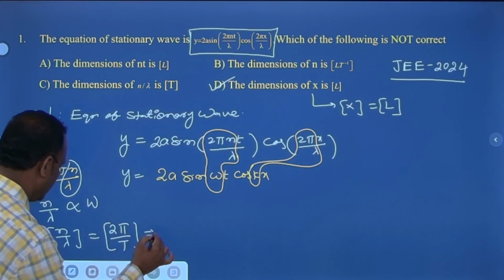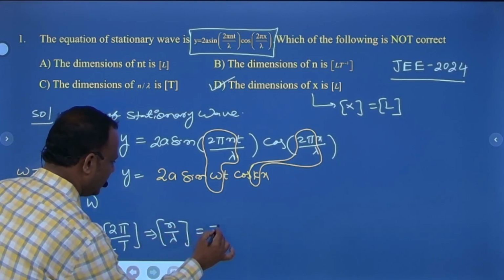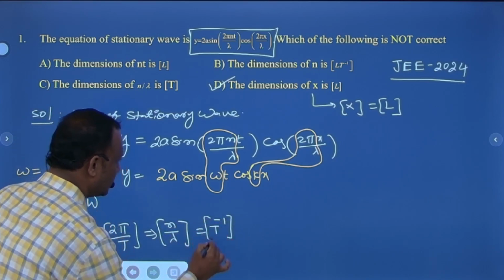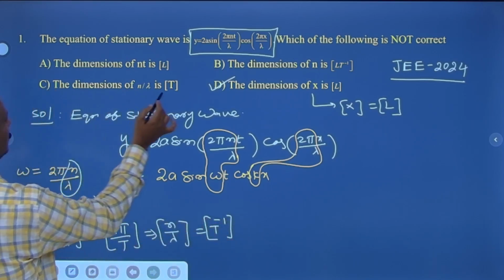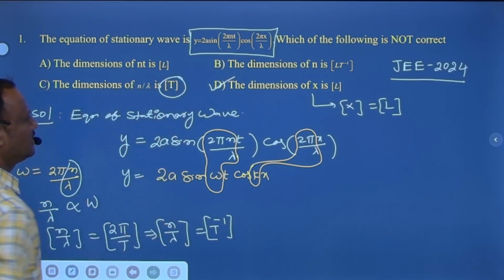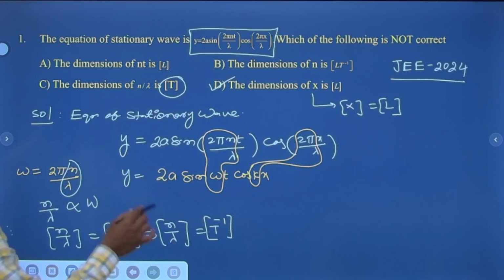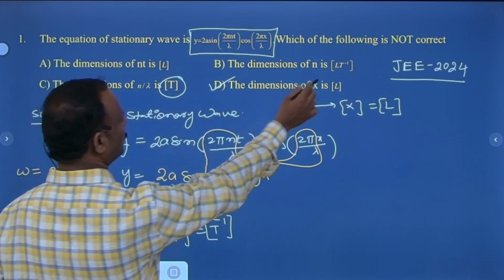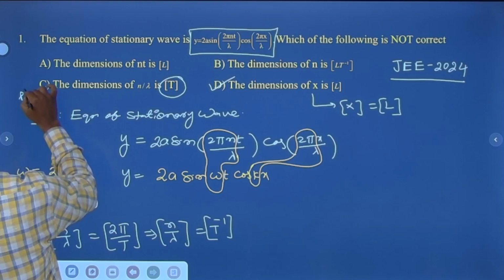So the dimension formula of n by lambda is T inverse. But here it is given as T. So this is the wrong answer, and the not correct one is this.